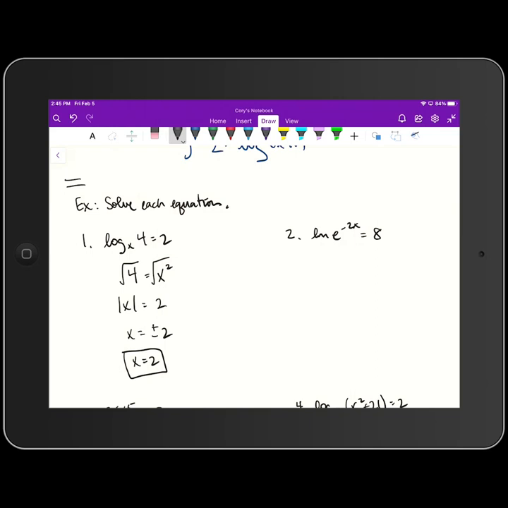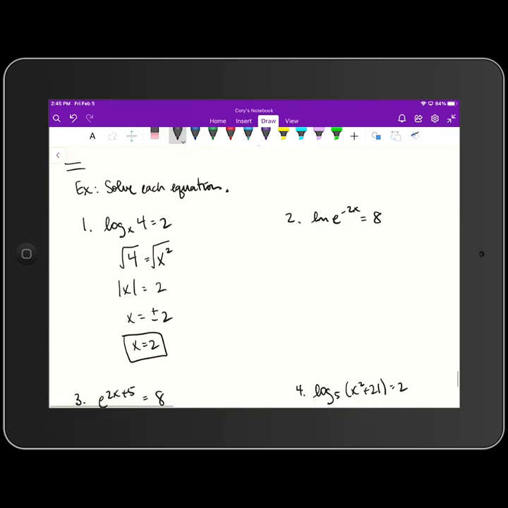For the second one, the natural log of e raised to the negative 2x power is equal to 8. Again, to solve this equation, we want to write this log equation in exponential form. Natural log is log base e, so the exponent is going to be 8, and that's equal to the argument of the log, which is e to the negative 2x power.